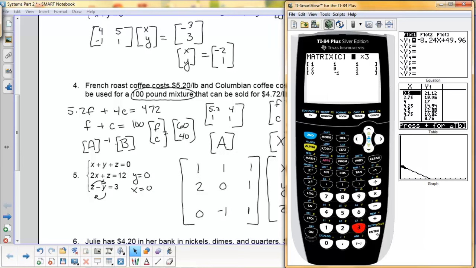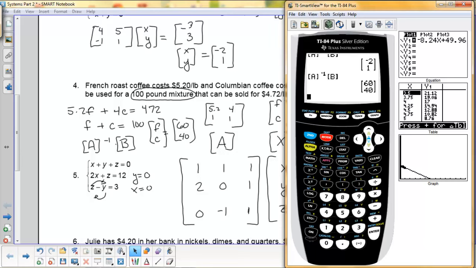So I come down here, and it's 3 by 3, okay? 1, 1, 1, 2, 0, 1, 0, -1, 1. All right, that's already set and ready to go. I'm going to quit. I'm going to go back again, edit, this time matrix D. It's a 3 by 1, 0, 12, and 3.